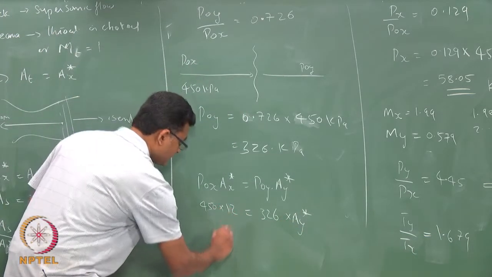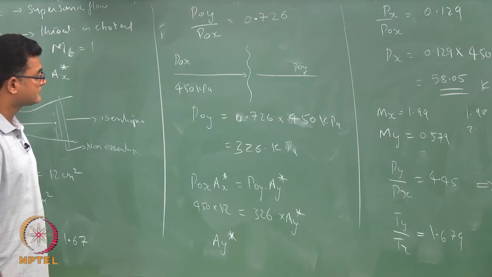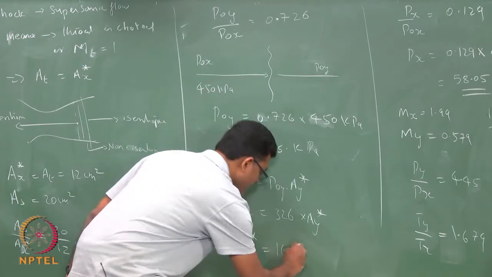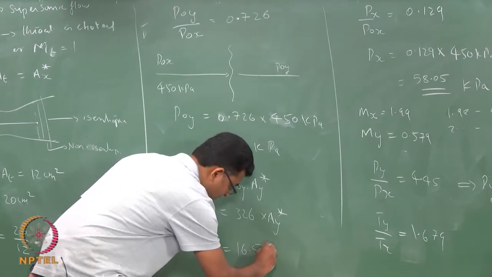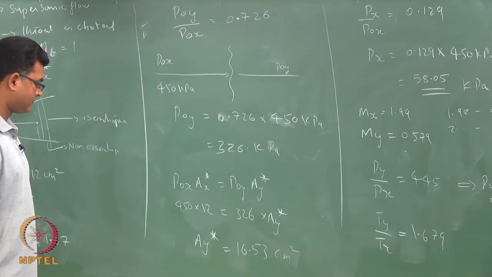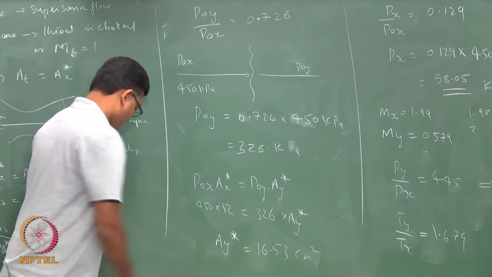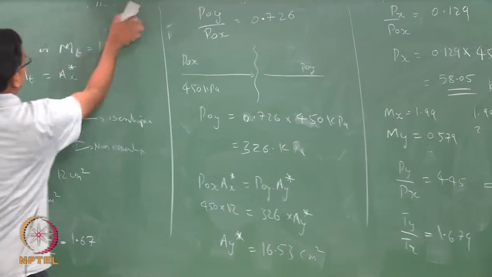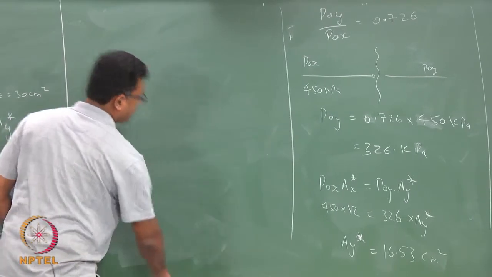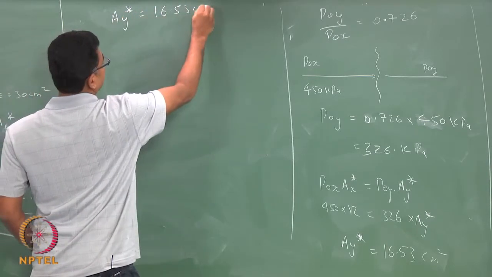So my Ay star is 16.53 centimeter square. Okay. Now we know your Ay star as 16.53 centimeter square.